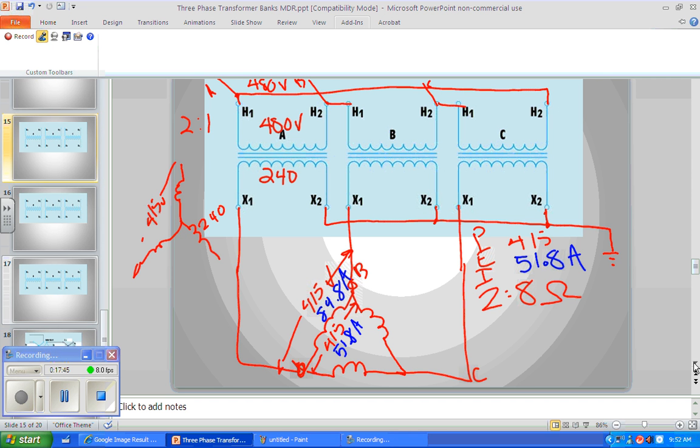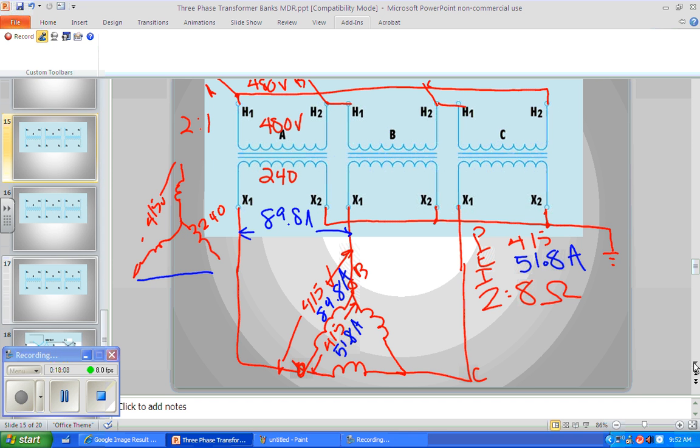So what does that mean for our line and our output? That's our line current on our Y. Everybody agree with that? And in Y, the currents are the same.